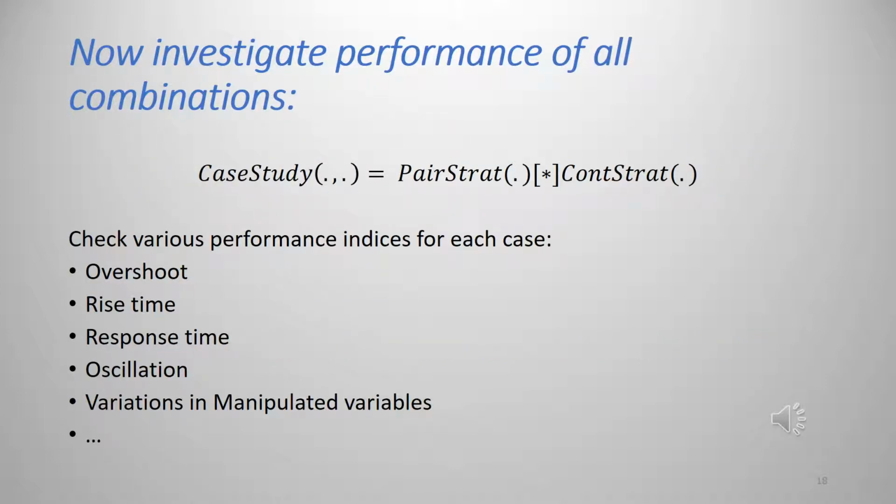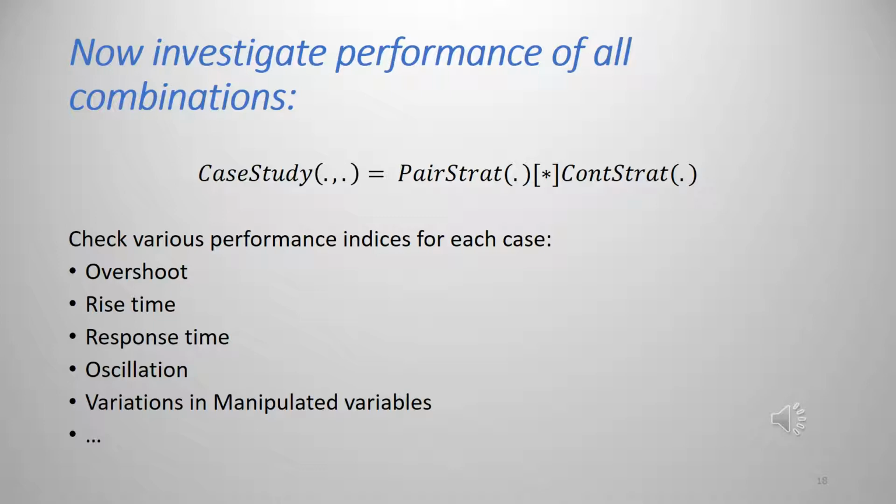Okay, now we have several options of pairing strategies and also several options for control strategies. We have to investigate the combinations of all these options for each case study.